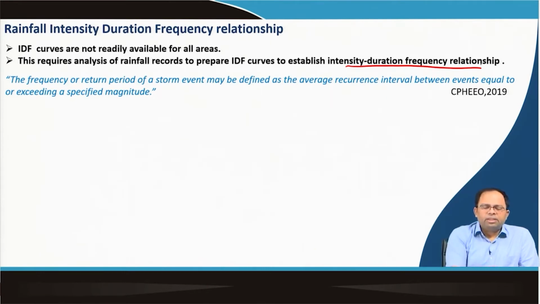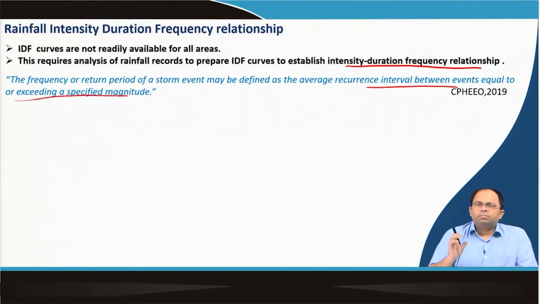The other thing is that the frequency or return period of a storm event may be defined as the average recurrence interval between events equal to or exceeding a specific magnitude. So, if we have a particular intensity of rainfall, we need to understand the average recurrence interval for that particular extreme event, and that we have to determine.